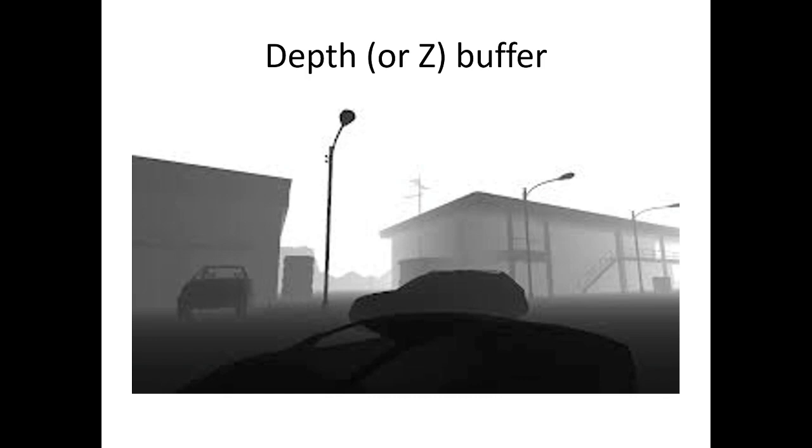Am I darker? Am I closer? Am I more black in the z value than what's currently in that buffer? If I am, I'm going to go ahead and draw, and I'm going to replace the z value that's in there. And then if somebody else comes along and they're even darker than I am, then they get to draw. So in some sense, the blackest z value, the closest one, gets to be drawn into the buffer.